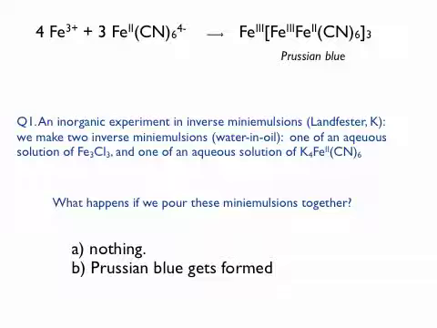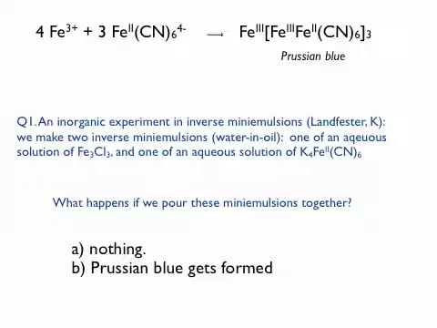My mini emulsion stays stable, so basically nothing happens. So I have reactant A and reactant B in one reaction flask, but nothing will happen because the system is compartmentalized. I have a picture of this on the next slide, I think.